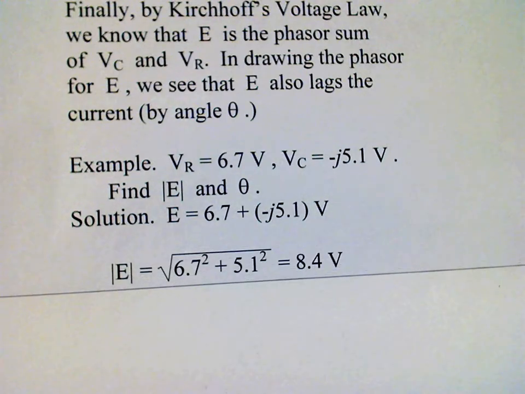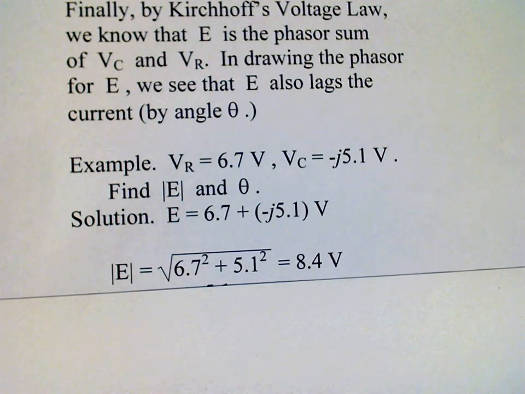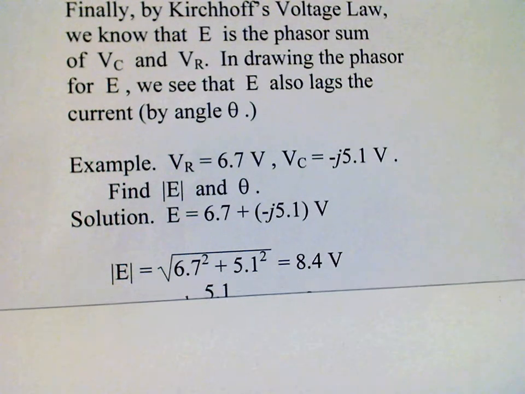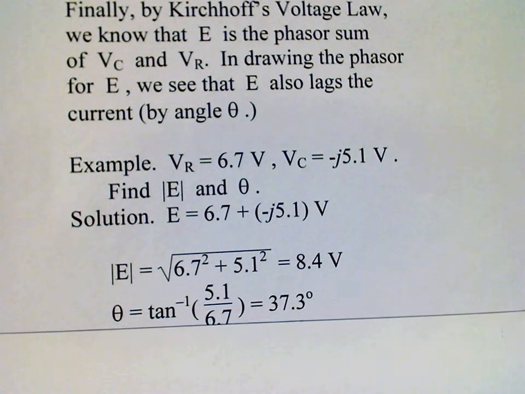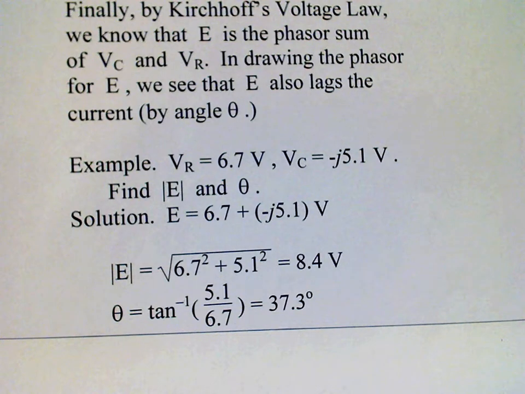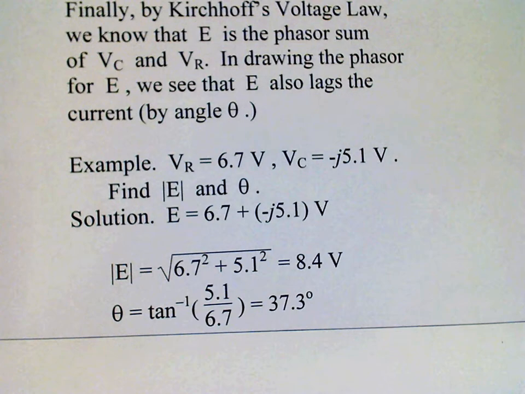Okay, so there is the magnitude, square root of the sum of the squares, 8.4 volts, and the phase angle, inverse tangent of 5.1 divided by 6.7, 37.3 degrees.